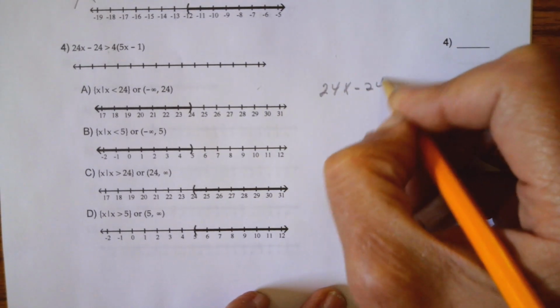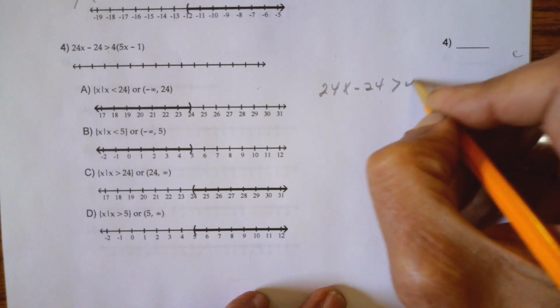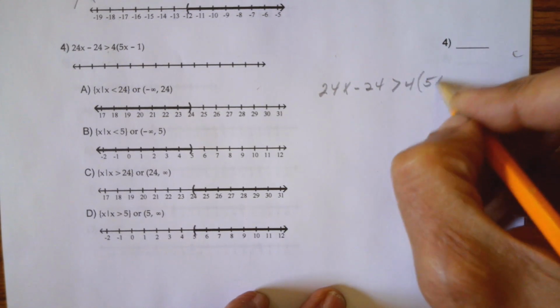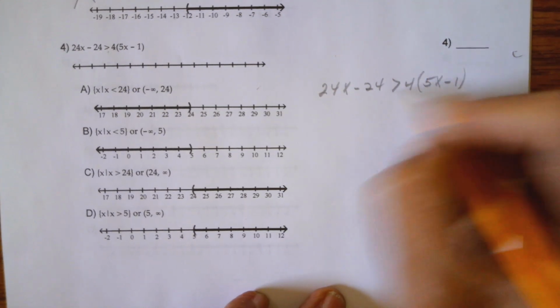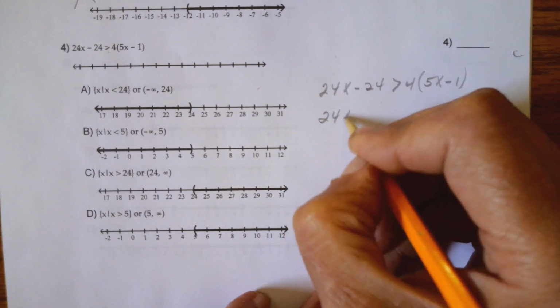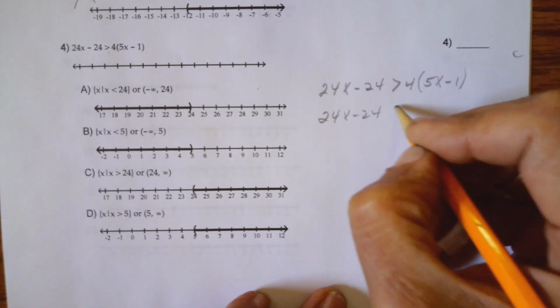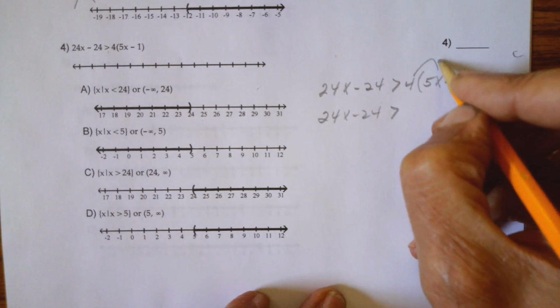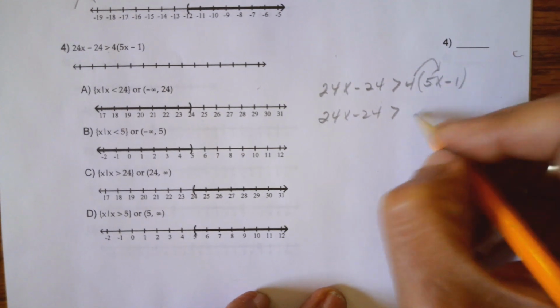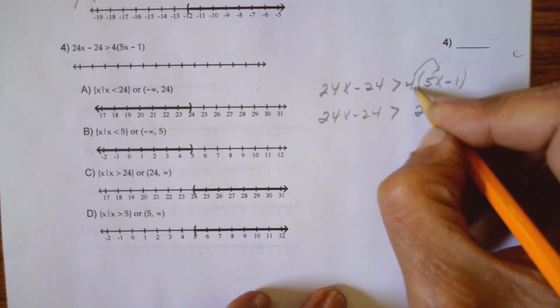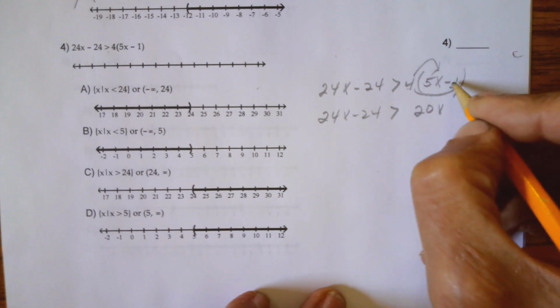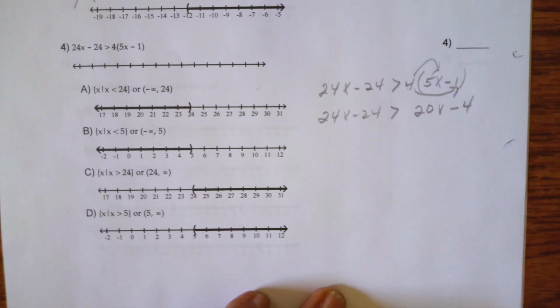24x minus 24 greater than 4 times 5x minus 1. Let me distribute that right side. 24x minus 24 greater than, let's see, 4 times 5 is 20 times x is 20x. 4 times a minus 1 is a minus 4.